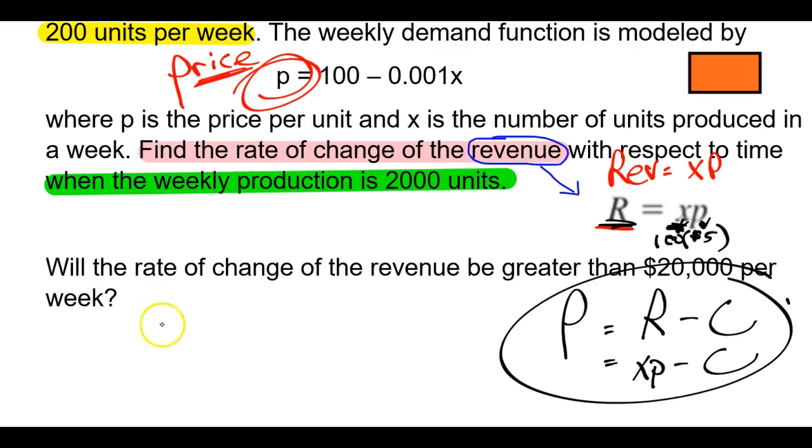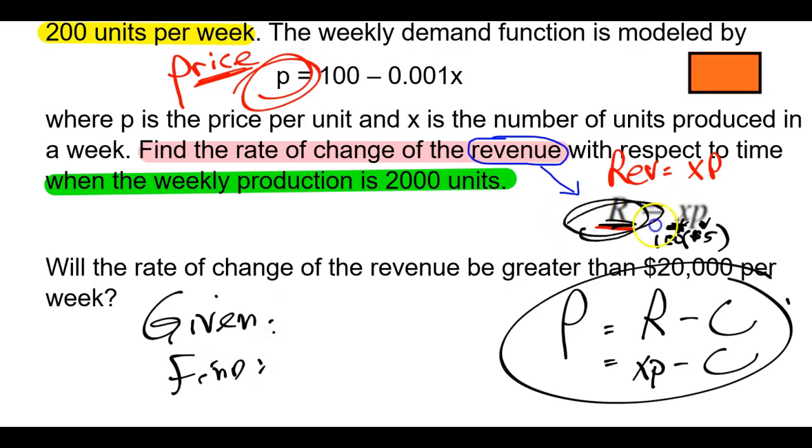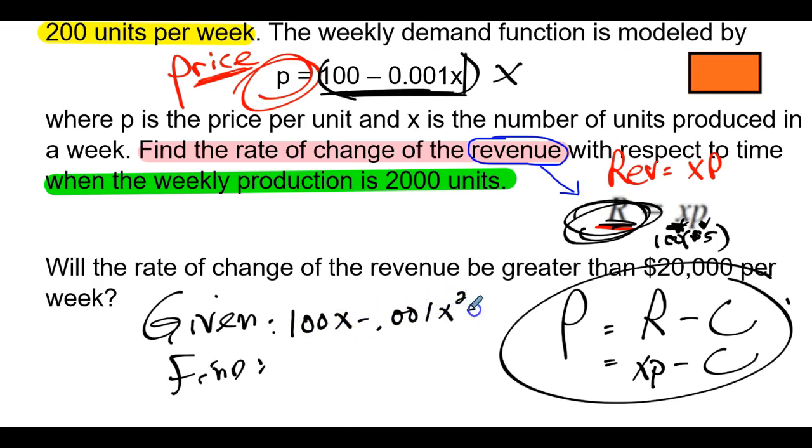So again, I would write down some given information. I would try to write down what you're trying to find. That'll help you if you just try to define your variables. And I'm going to say, well, the revenue is not given, but it's almost given just by multiplying this guy by another x. So I can change price to revenue by changing this equation. 100x minus 0.001x squared is my revenue.